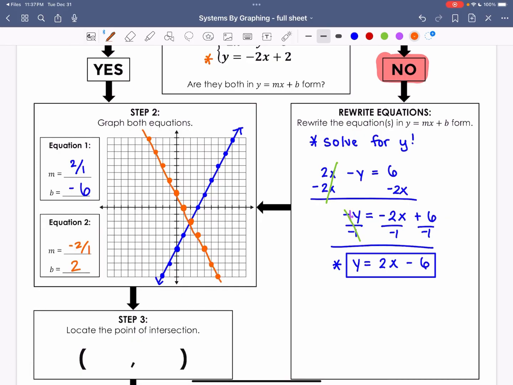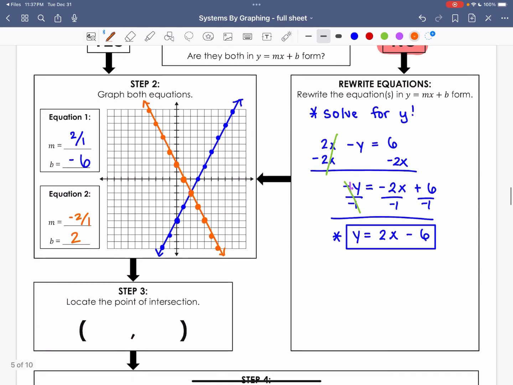All right, connect those points very precisely. All right, and now you should be ready for step 3, which is locate that point of intersection.